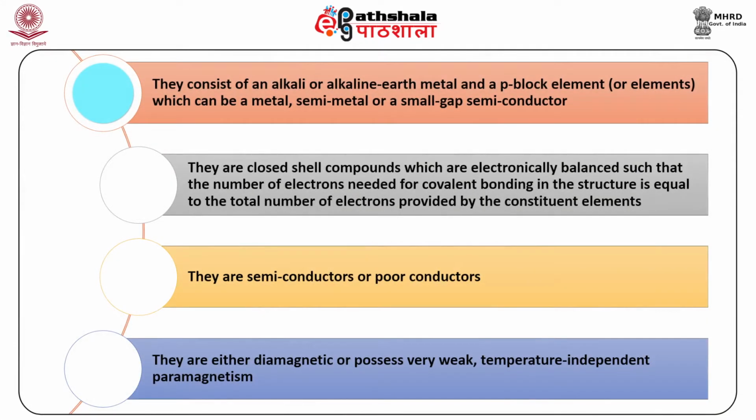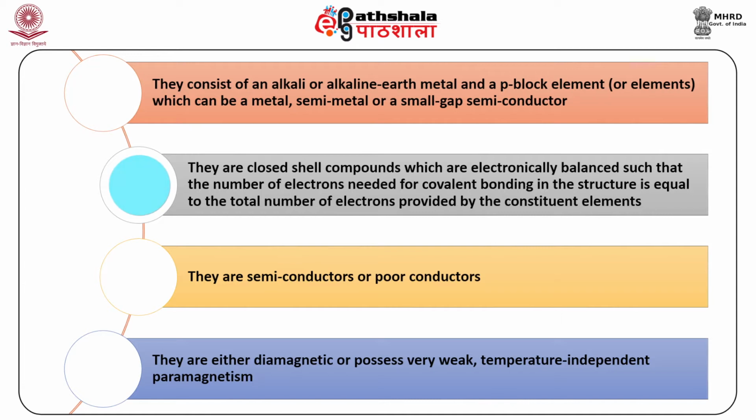Zintl phases are not alloys. The main characteristics of Zintl clusters are: number one, they consist of an alkali or alkaline earth metal and a p-block element or elements, which can be a metal, semi-metal, or a small gap semiconductor.